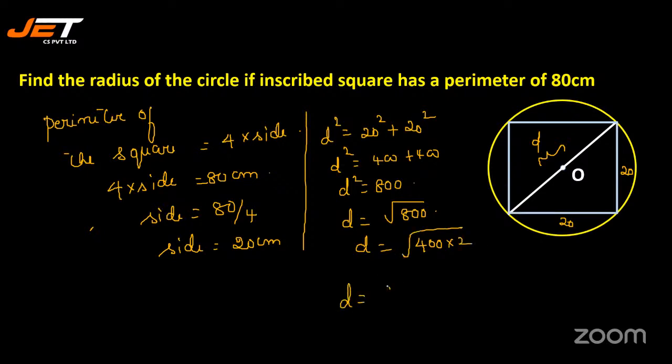So it is 20 root 2. So what is radius? 20 root 2 divided by 2, which becomes 10 root 2 centimeter. Hope this is clear. With this, we are moving on to the next question.